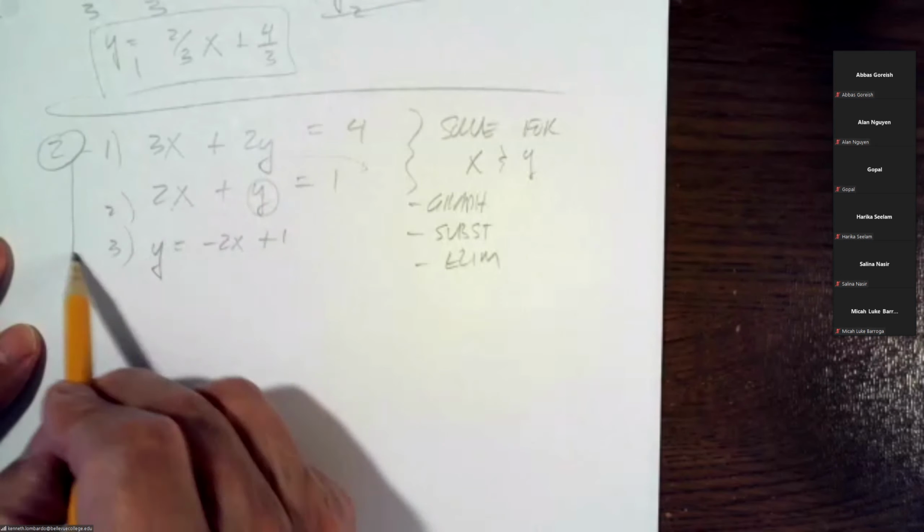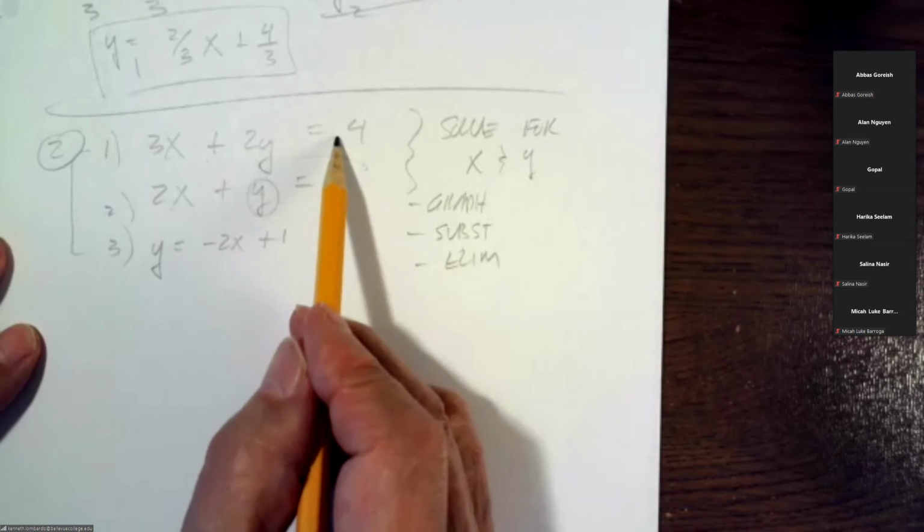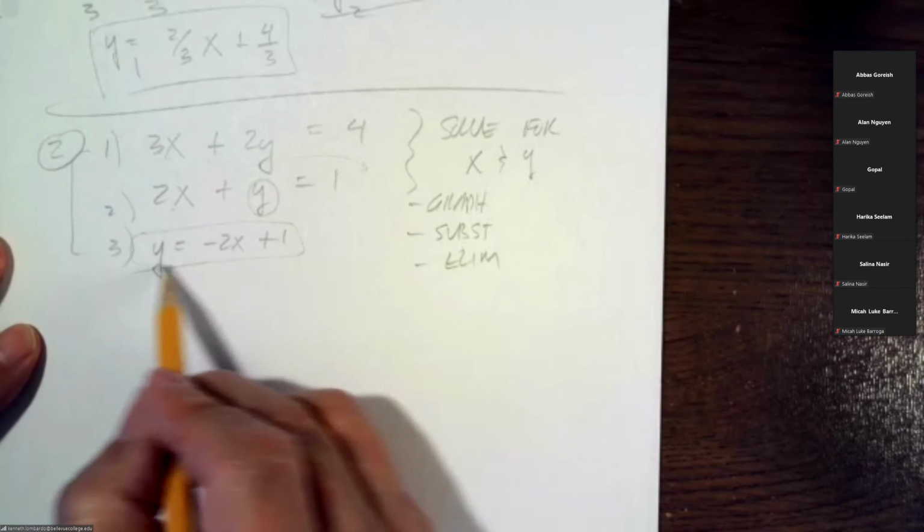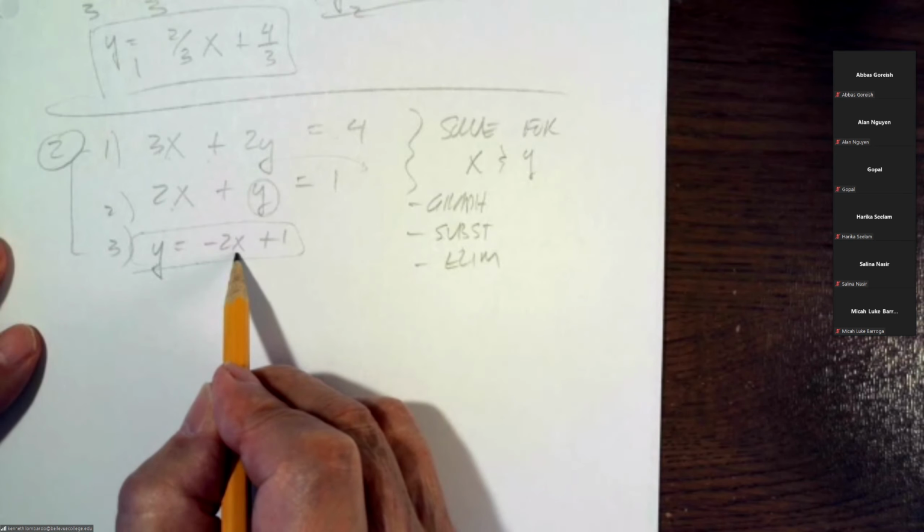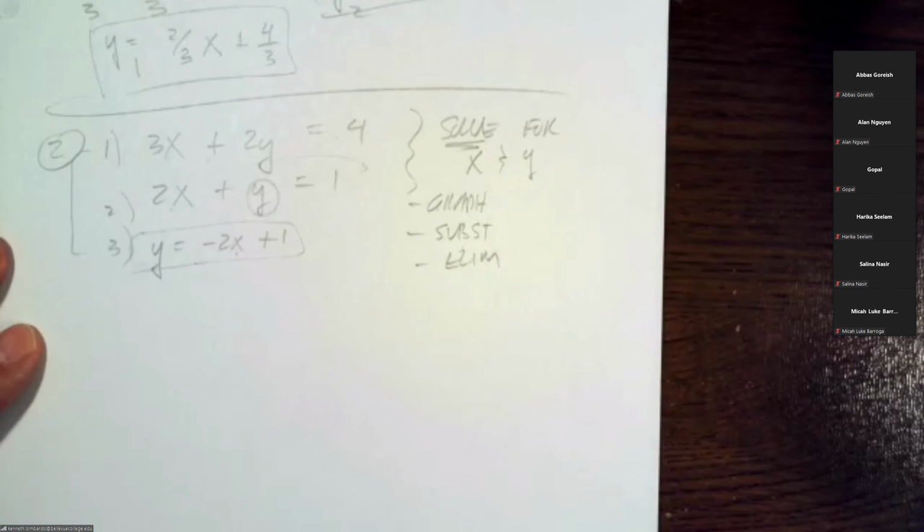Now we have 3x plus 2y equals 4, and we know that y equals negative 2x plus 1. We're not asked whether this is a correct point on those two lines. We're asked, where do they cross?